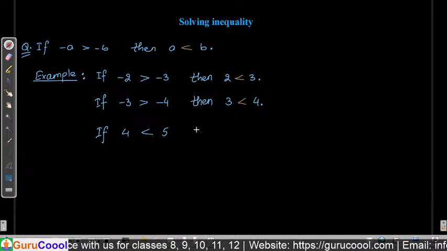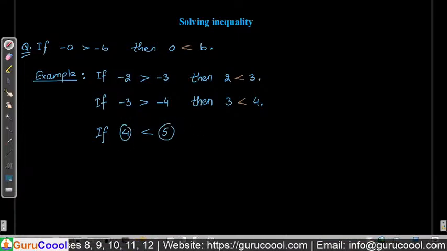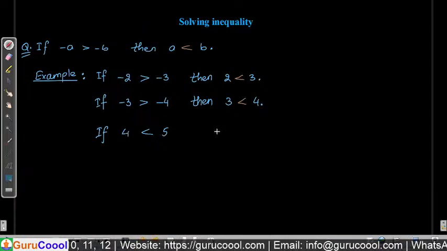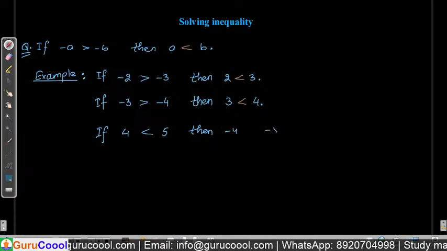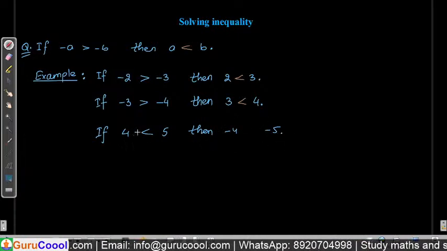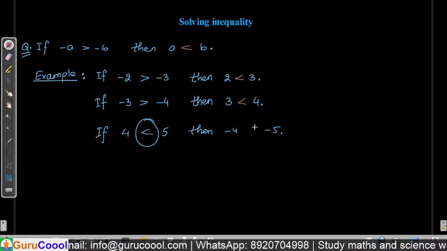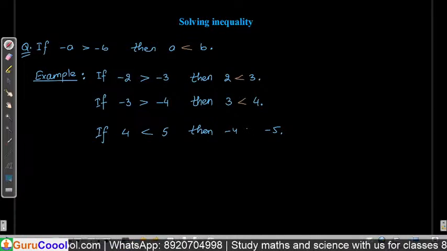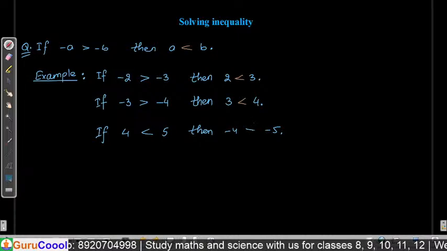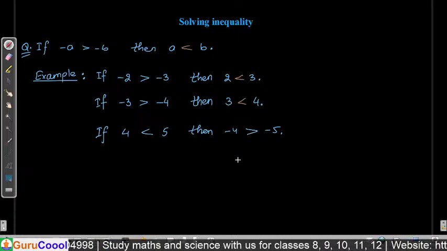Okay. So both numbers were positive. Plus 4, plus 5 is greater. But if I put minus sign in both of them, minus 4, minus 5, now this greater sign will be still greater than sign or will change? It will change. Sorry, earlier it was lesser than, so now it will become greater than, like this, right?